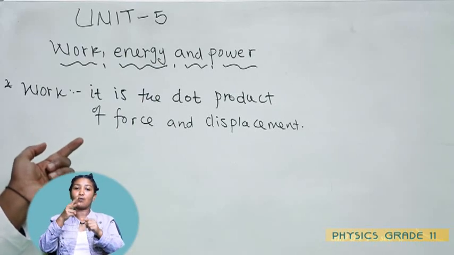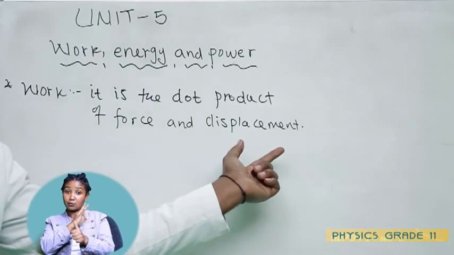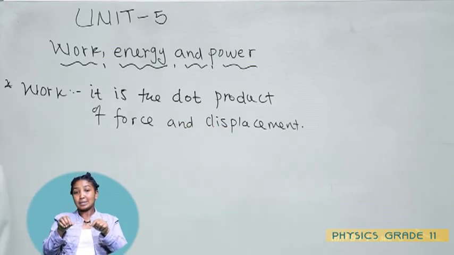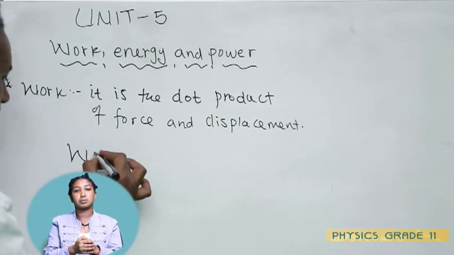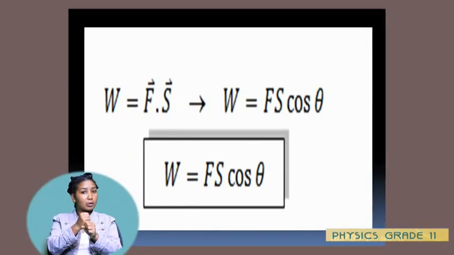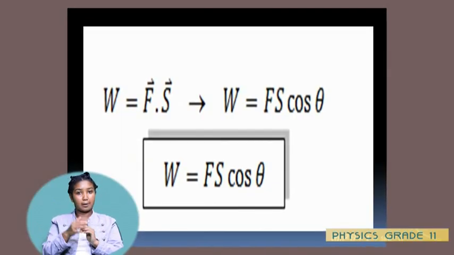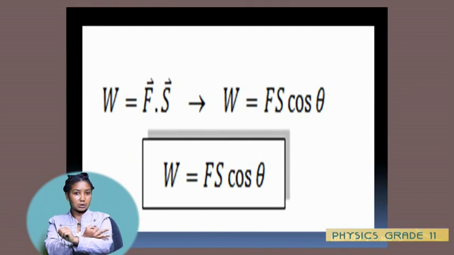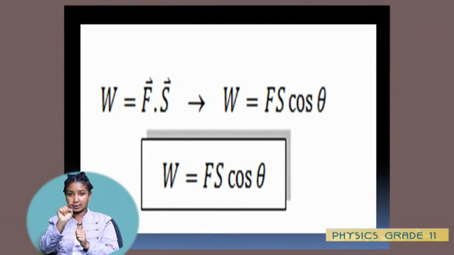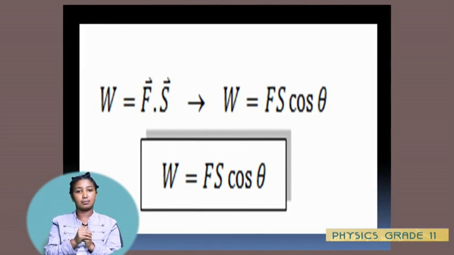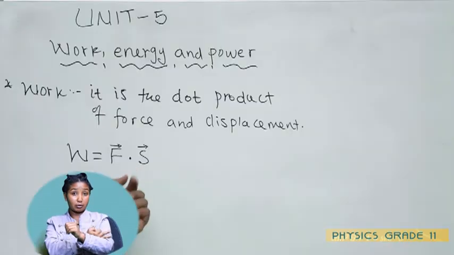What are those two vectors? Force and displacement. So, symbolically, we can represent work as W = F · S, where F is force, which is a vector quantity, and S is displacement.